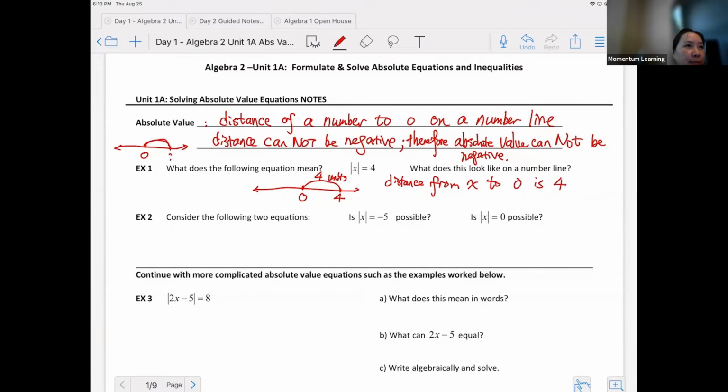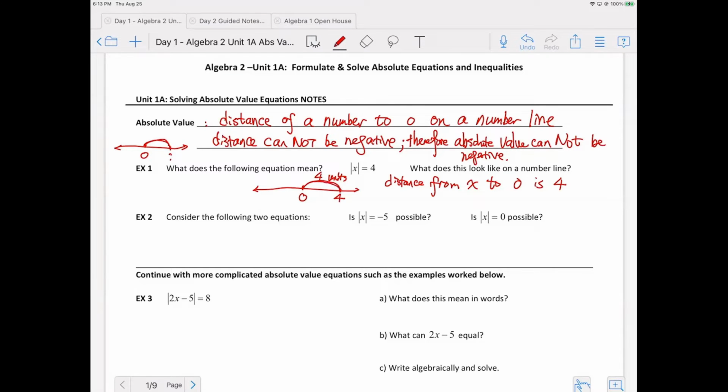Is it the only possible x? No. Where else?